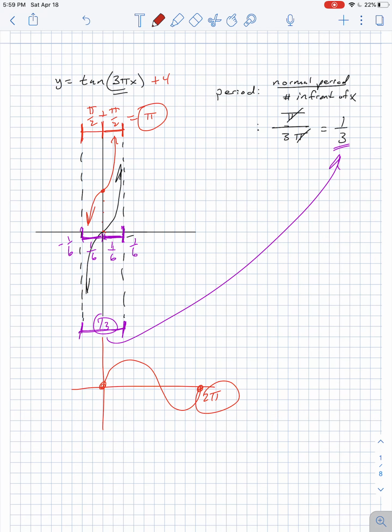What the amplitude does in front of a tangent is it just makes this a little bit steeper, and that's pretty hard to really notice and grade, so I don't really pay attention too much to the amplitude on the tangent, but that is what it's doing. It's making it steeper. So for the most part with tangent, I want you to get your period shift right, your up down correct, and right left going.